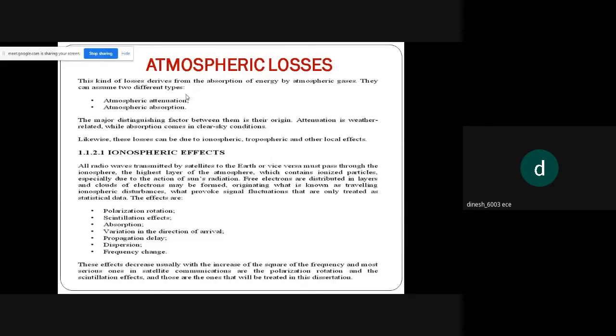Free electrons are distributed in these layers and clouds of electrons are formed, which are known as traveling ionospheric disturbances.